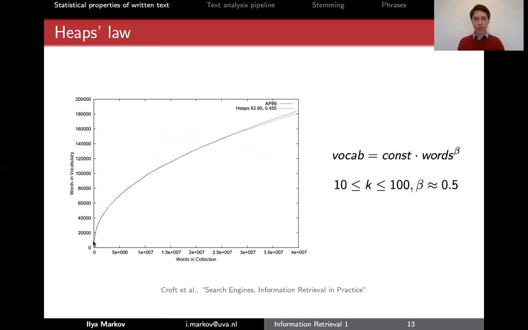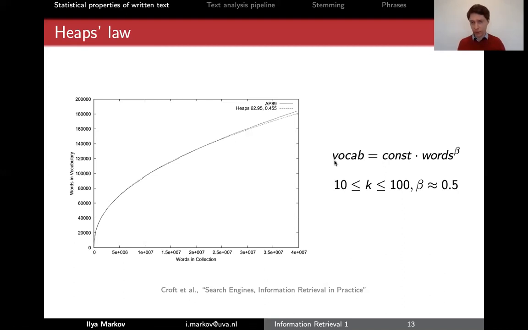And you see that the dependency is not linear. So the number of unique words doesn't grow linearly with the number of words we use in a language. The more words we use to write a text, the more we tend to repeat the same words over and over again. It doesn't mean that if our text is long, it will have very many unique words. If our text is long, it will not have many more unique words than a short text, for example.